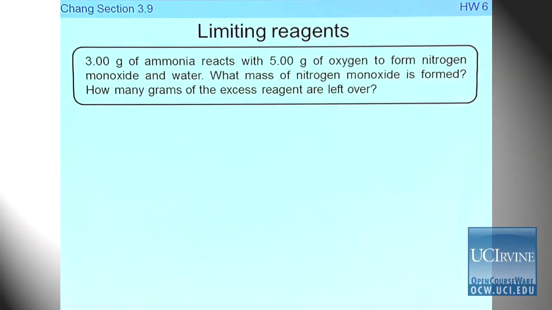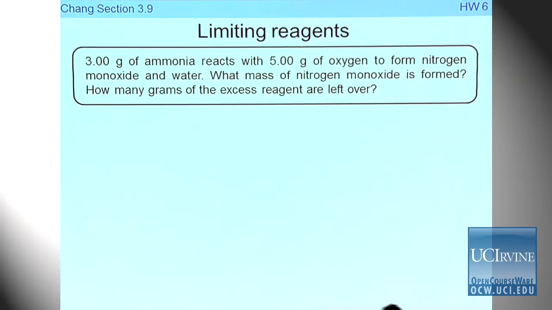Okay, now let's do a quick question because it's a lot of talk. I have a reaction of ammonia with oxygen. It forms nitrogen monoxide and water. The question is, what mass of nitrogen monoxide is formed? So how much of the product am I forming? And, very important, how many grams of the excess reagent do we have left?